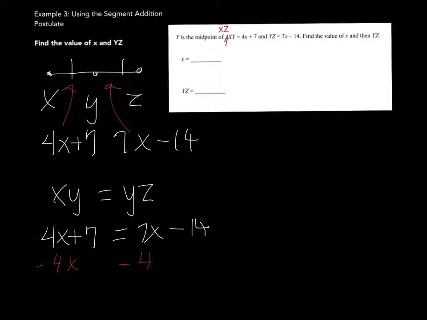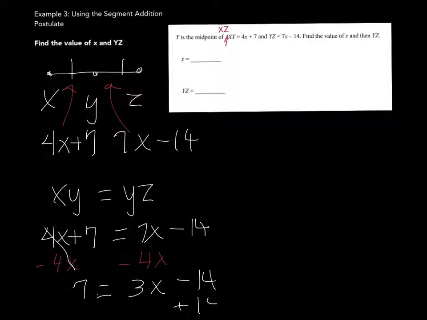The reason I'm subtracting 4x instead of 7x is my personal preference is to have a positive coefficient of x. So 7x minus 4x will give us a positive 3x on the right. The next thing is we'll add 14 to both sides to get rid of this subtraction of 14.